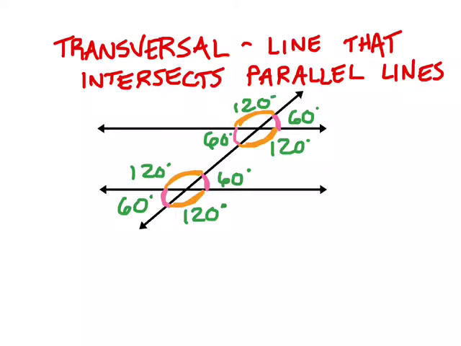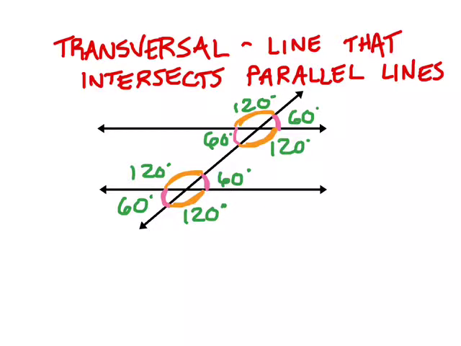So by knowing that single 60-degree measurement, I was able to figure out every other angle measurement on this transversal parallel line intersection. And that's the reason we care about these. You learn a lot of information from a very little amount of information when you have a transversal.